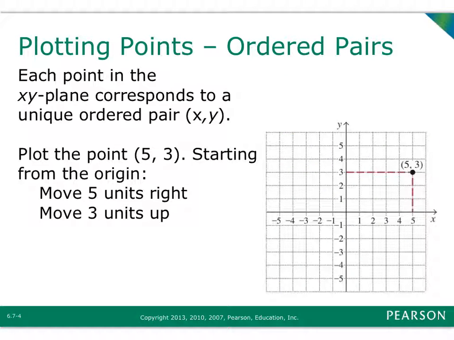So, plotting points in ordered pairs. Each point in the xy plane corresponds to a unique ordered pair (x, y). So if I wanted to plot the point (5, 3), starting from the origin, I would move 5 units to the right.